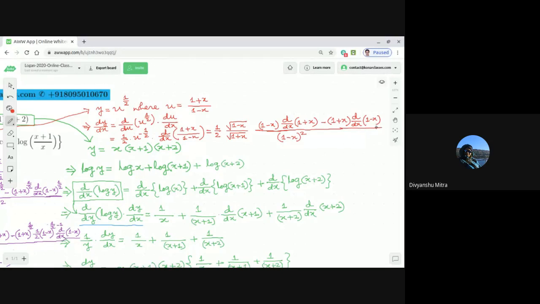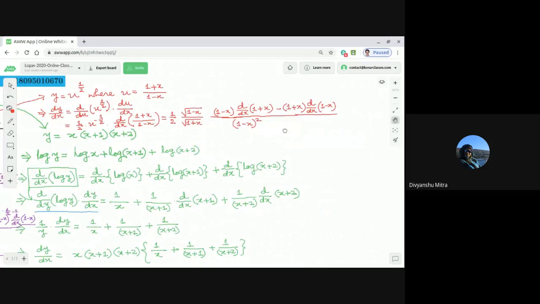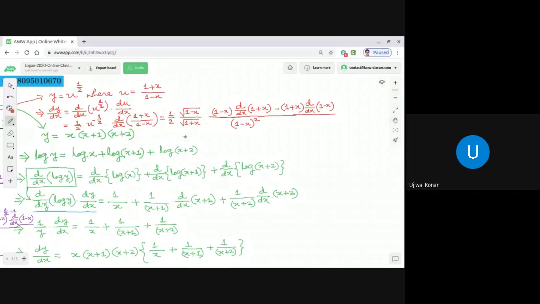Correct or not? So from here, what we get? As it is a different color, you can always make a difference between the different sums. Square root of 1 minus x divided by square root of 1 plus x, into 1 minus x into d by dx of 1 plus x. What is d by dx of 1 plus x, dear Divanshu? 1. Very good. So ultimately we get 1 minus x.